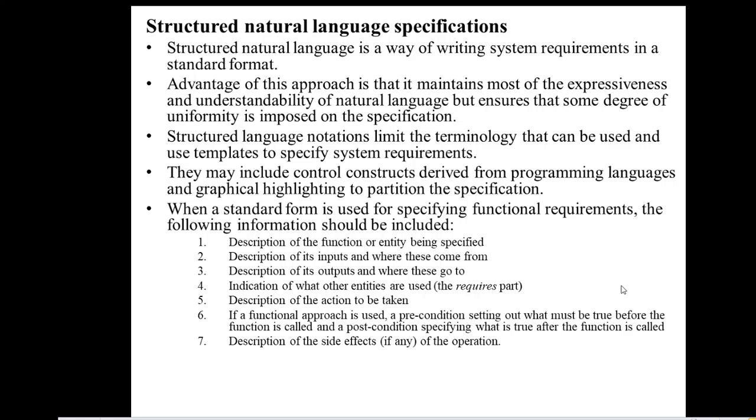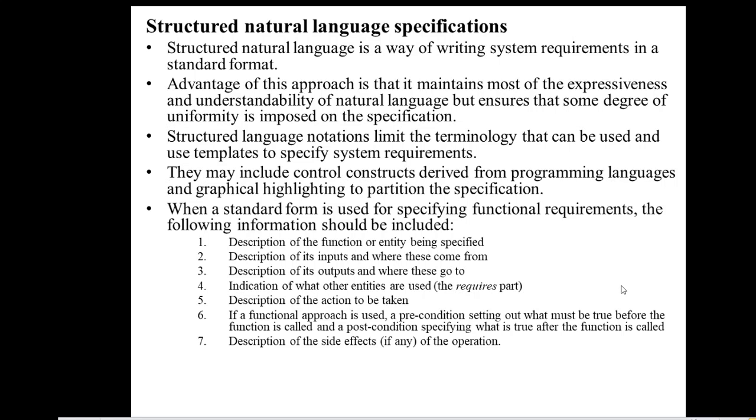Whenever you are using standard forms to specify the functional requirements, we need to follow some guidelines. First one is description of the function or entity being specified. So we need to give a description of the function or entity. Next one is description of its inputs and where they come from.